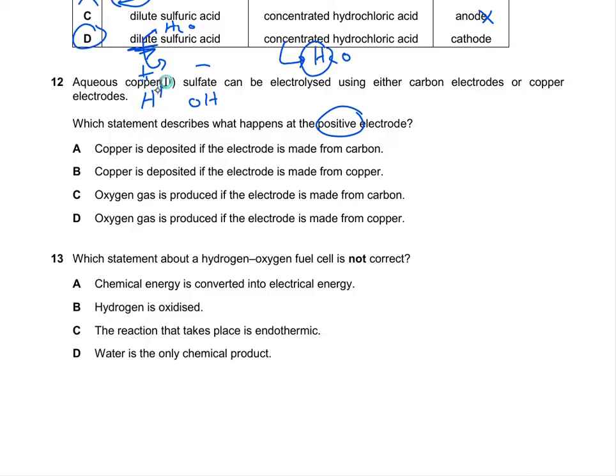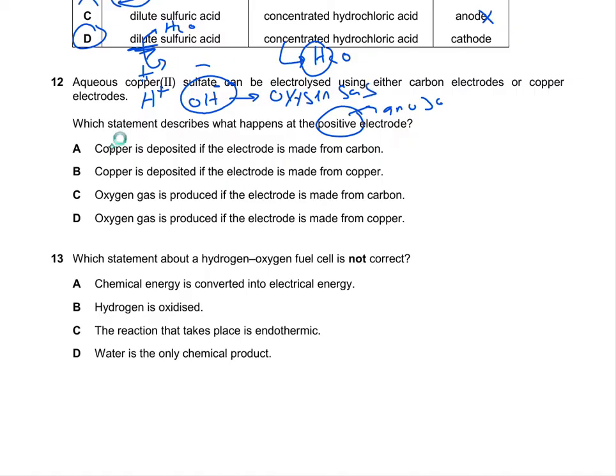So H is positive as the copper, and OH is negative as sulfate. The negative ion will be attracted to the positive electrode, which is the anode. The negative ion attracted here is the hydroxide, as we don't have a halide. So hydroxide forms oxygen gas.